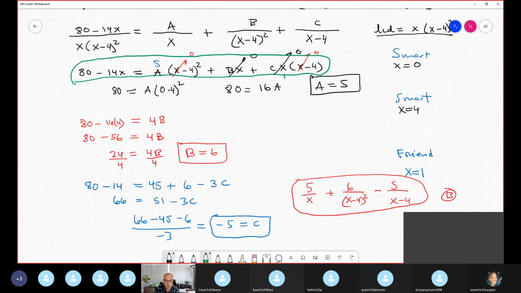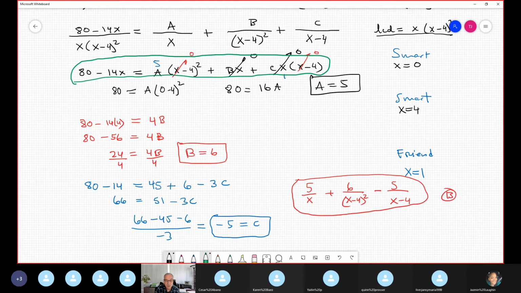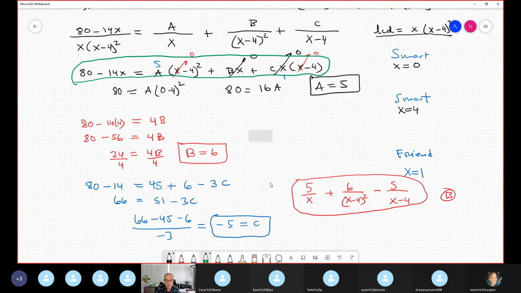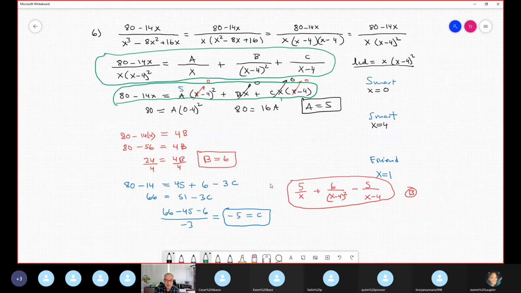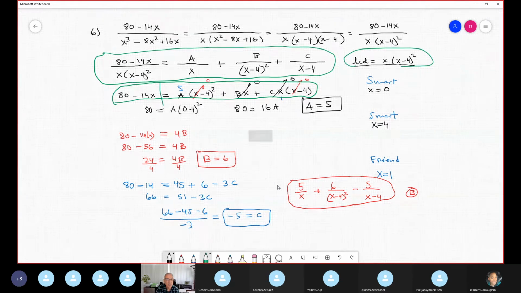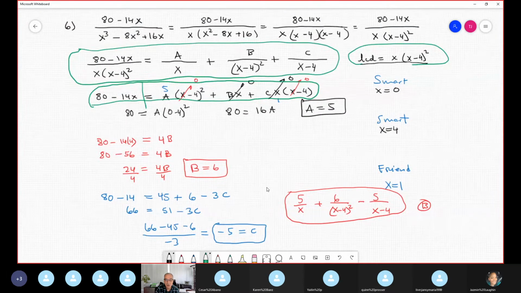It's the same procedure. When you multiply this equation by the LCD, the left hand side stays, only the top part. Now one by one. The first, look, when you multiply, it's obvious to cancel out this x and this x, and stay x minus 4 squared times A. Exactly, I did that.